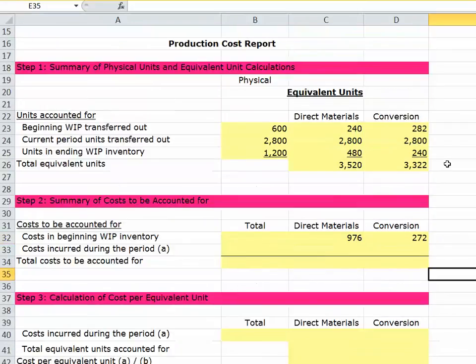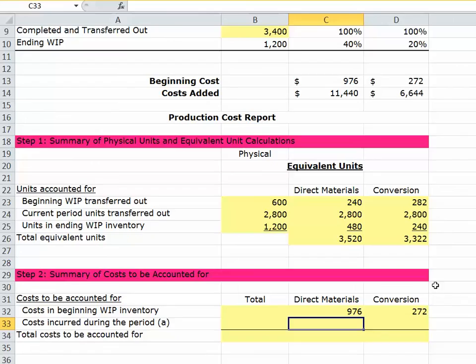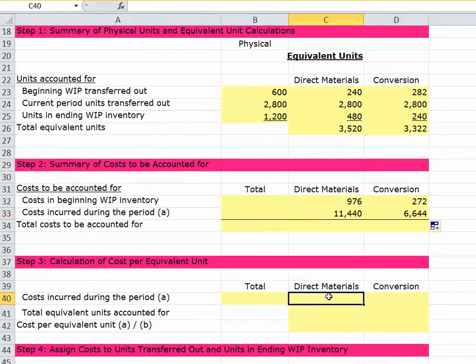The remaining costs during the period were 11,440 for direct materials and 6,644 for conversion cost. Those costs are what we're going to want to use in our cost per equivalent unit calculations down below. So we'll go ahead and pick those up right here.